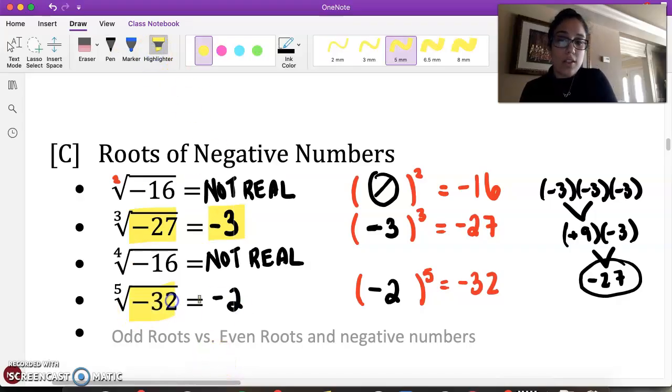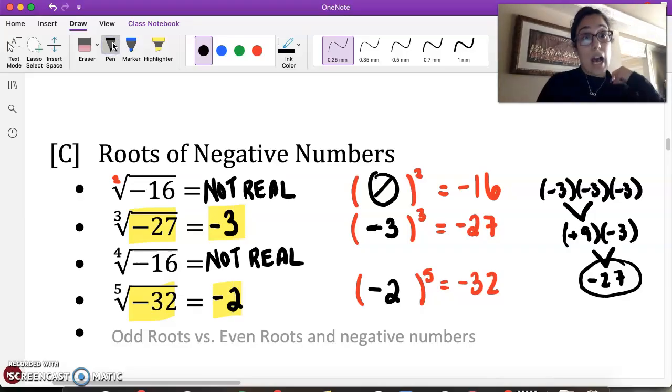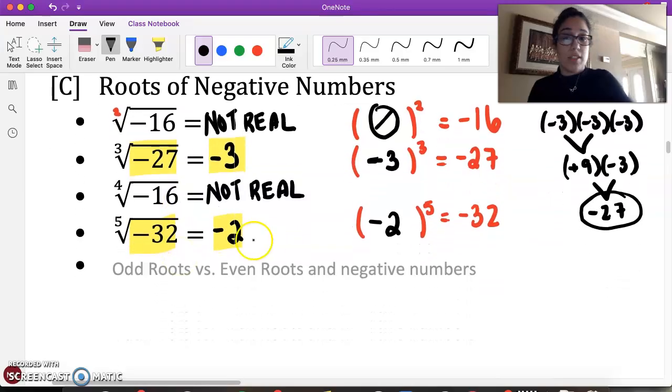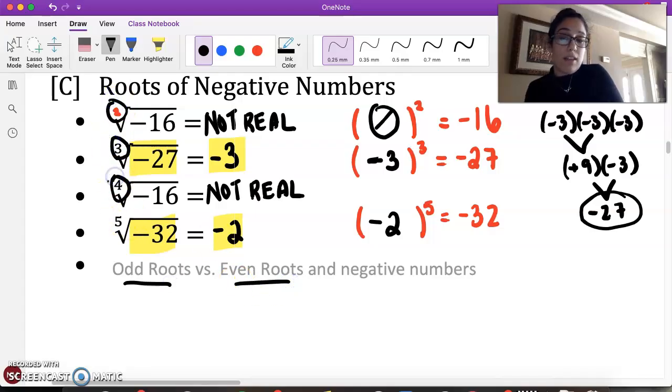It holds the sign when it is odd. When it is even, it's either positive or not real. So this is odd roots versus even roots. The index, whether it's odd or even, matters.